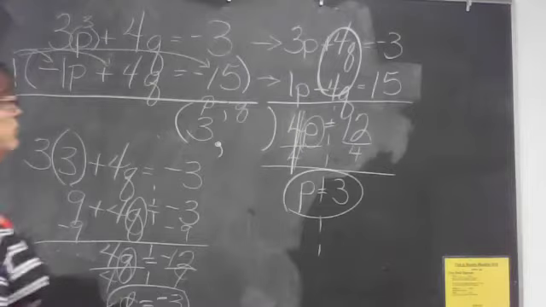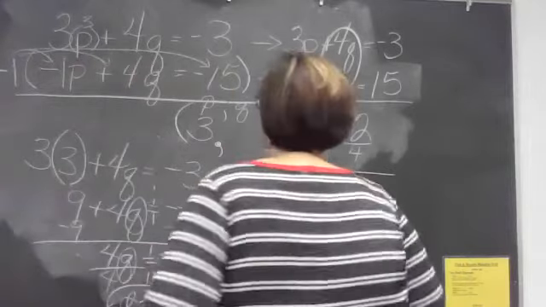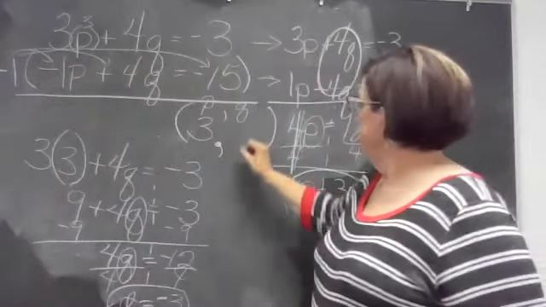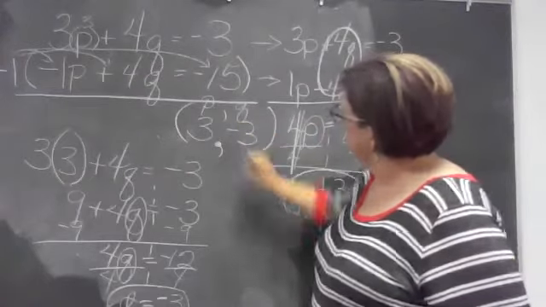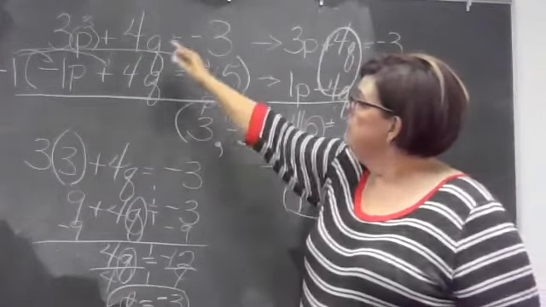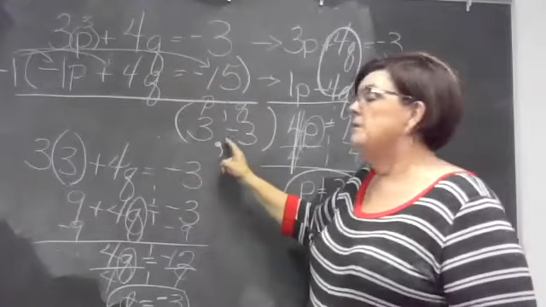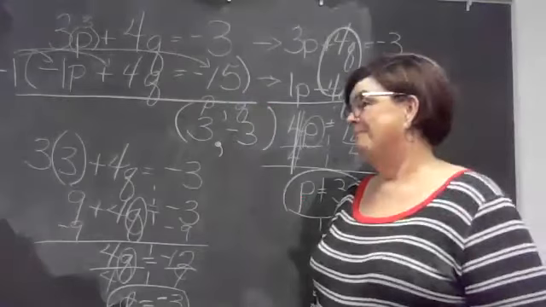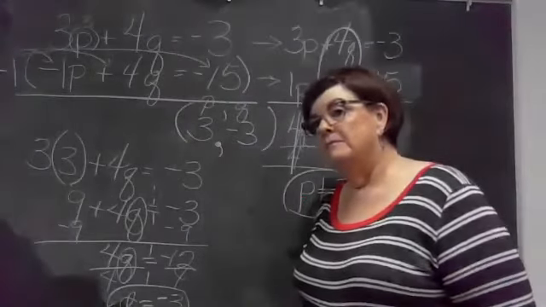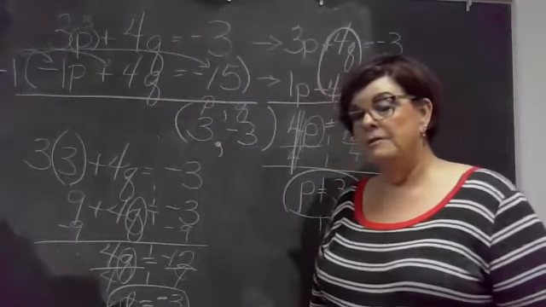And that's my other part of this coordinate point. So the place where these 2 lines would cross if we graphed them would be at this point. Questions?